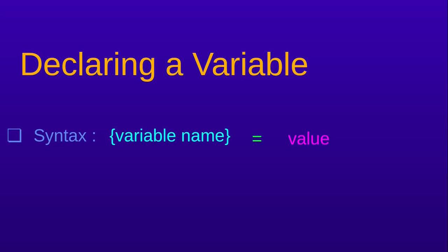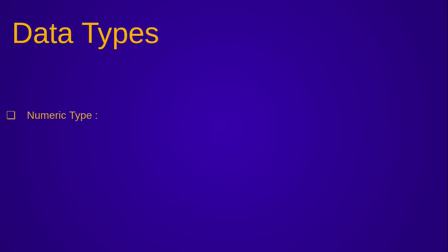Now that value that is being assigned to a variable comes in different forms, and we're going to discuss that just now. So if we go to the next slide, we'll see we have data types. That's where we're going to be talking about the different forms that value comes in.